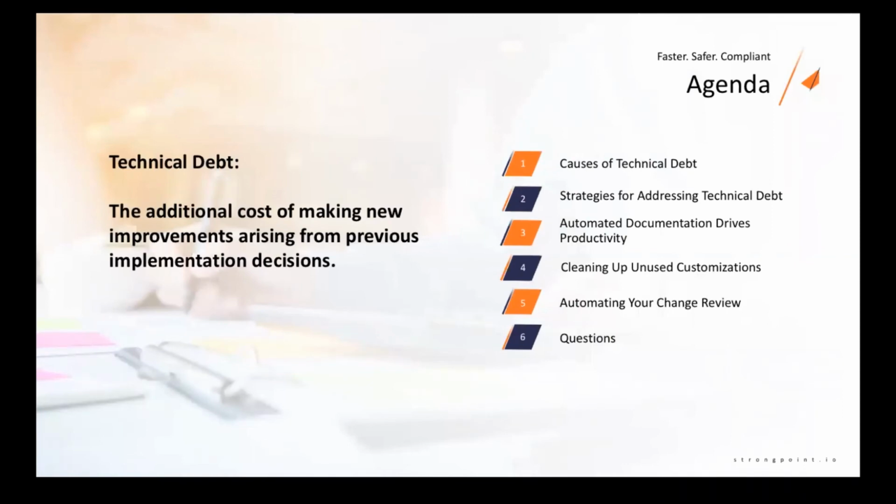There's some other things you can do much faster than that deliver a ton of value. And then we're going to dig into how to use automated documentation to drive productivity despite technical debt, how to clean up unused customizations, and then how to optimize your change review, because that's often the place where the technical debt actually causes the largest problem.